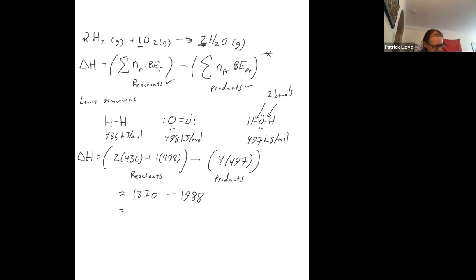Negative 618, rounded to the nearest one. Okay, exothermic, right? Does that make sense? Let me check that real quick. 2 times 242, 484.